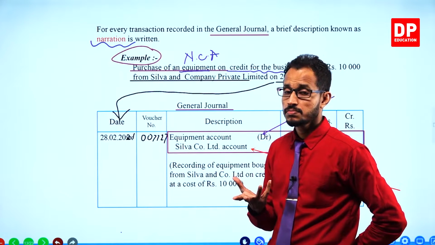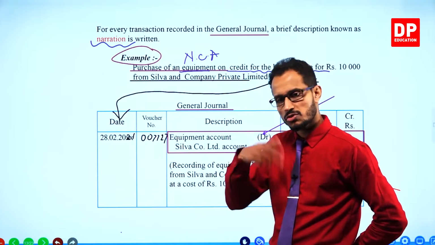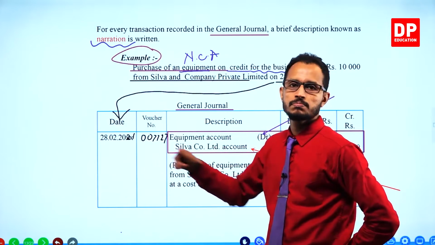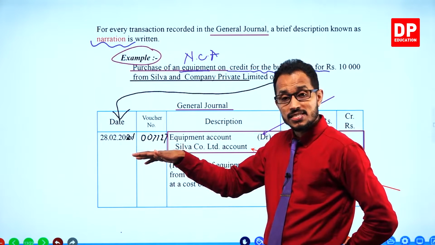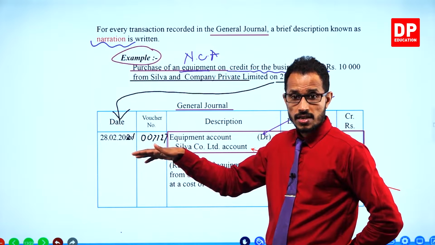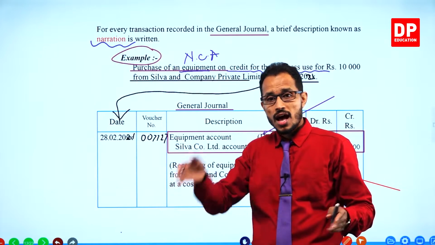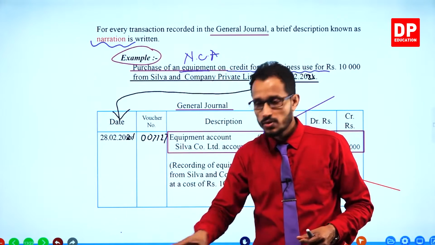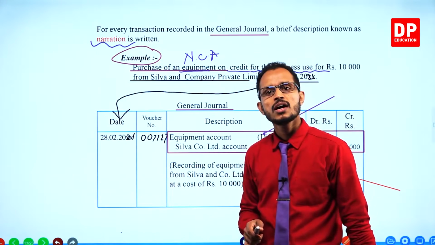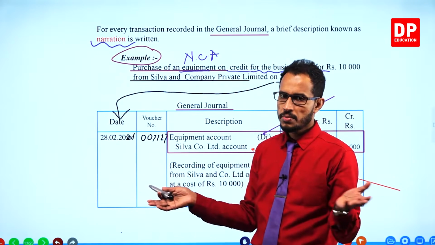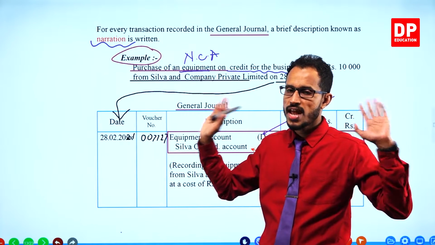What transactions? Purchasing goods on credit. Those transactions are recorded in the purchases journal for the first time. And from the purchases journal, all the credit purchases are taken and recorded in the relevant ledger accounts. Do you remember? We have done this.